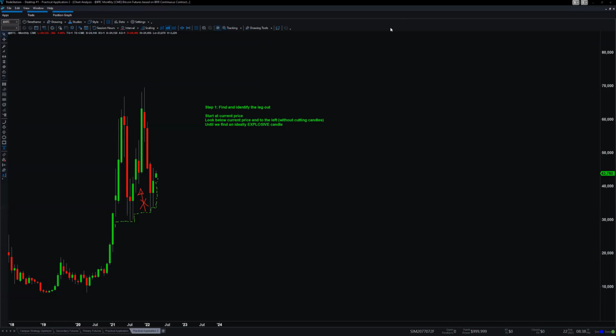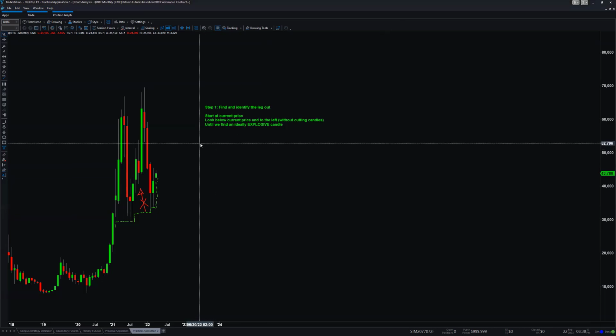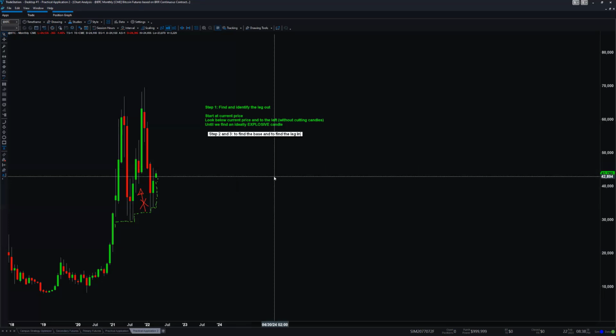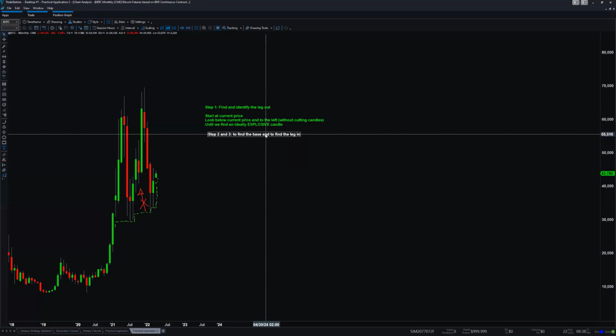So the next step, steps 2 and 3 to make it short, is to find the base and to find the leg in. And now we need to find the base and we need to find the leg in.